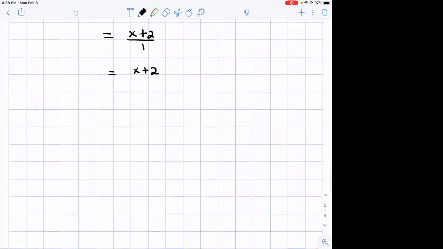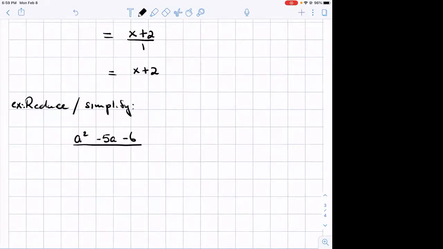Okay, so here's another example. Reduce. Sometimes we say simplify. How about if we have, for example, a squared minus 5a minus 6 over a squared minus 1. So let's try to factor the numerator, and also we want to factor the denominator.